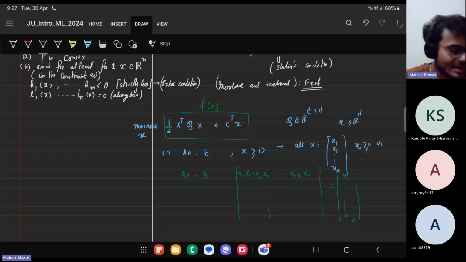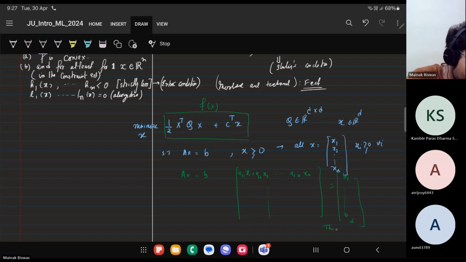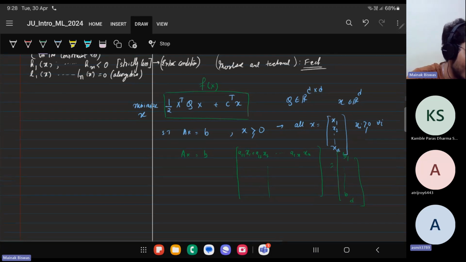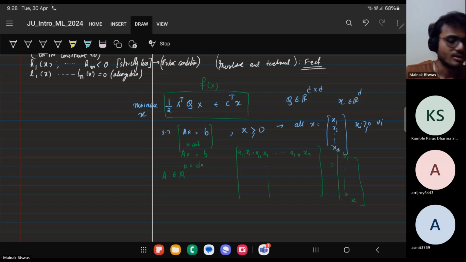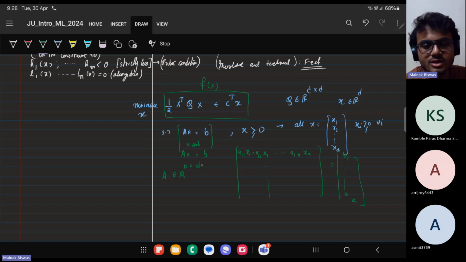There are D constraints, right? Then it will be like alpha transpose into AX minus B. We'll see. If there are, say, K constraints here, K constraints like this, 1 to K, where A is in R K cross D, right? There are K equality constraints like this.